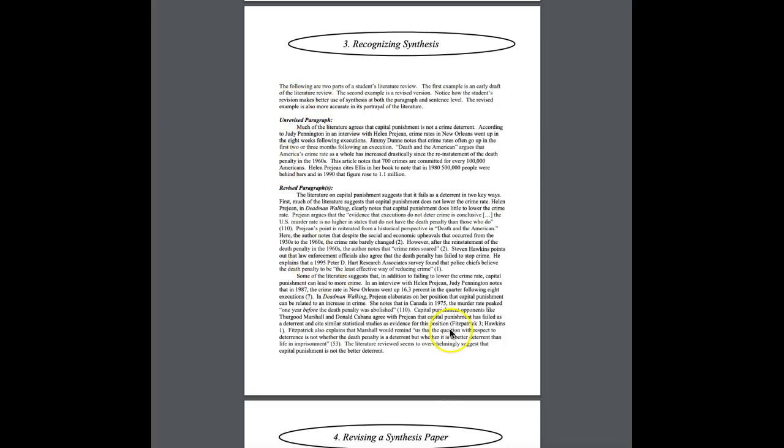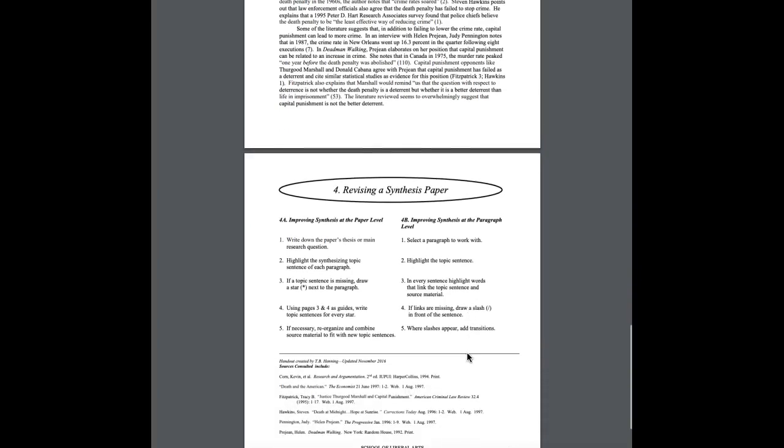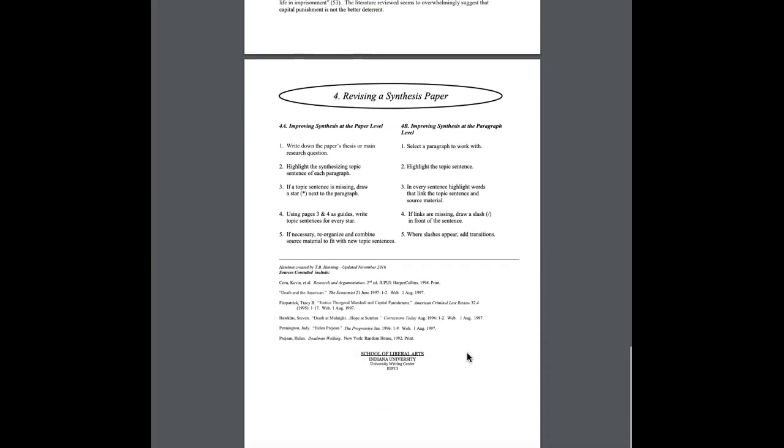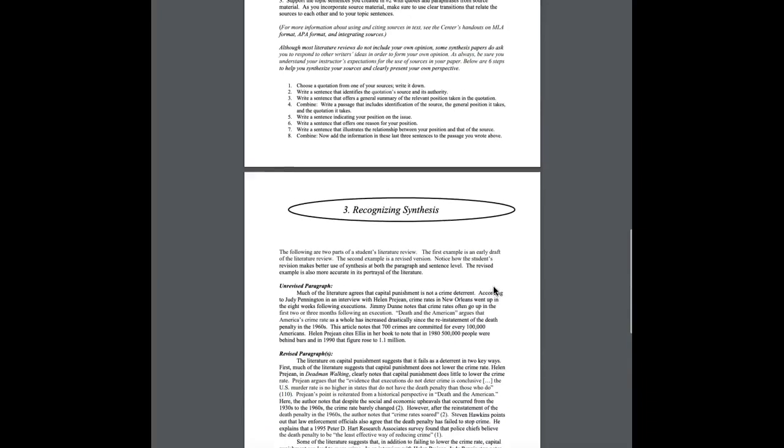looking at the initial draft of what they put together, and then what you have is an opportunity to see what they actually do when they revise the synthesis. So improving the synthesis at the paper level and improving the synthesis at the paragraph level, and then you can play around with it if you want to.